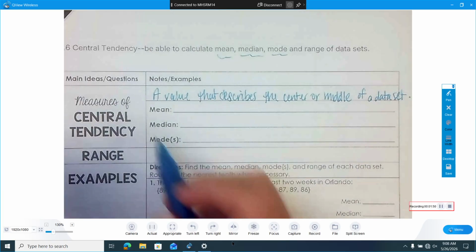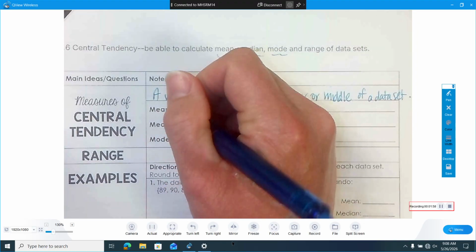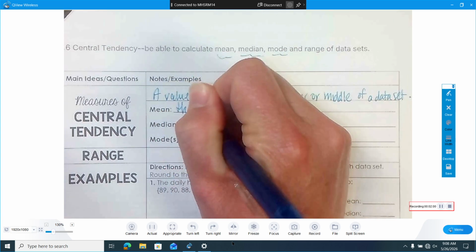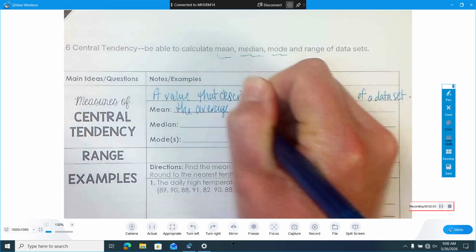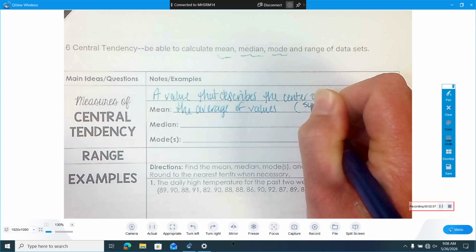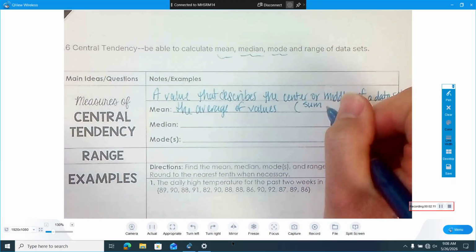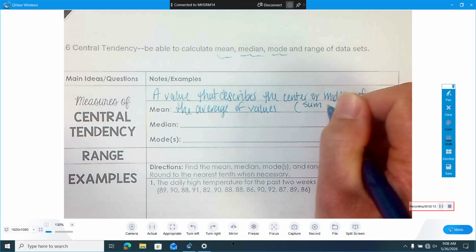So mean, what is the mean? All of them added up and divided. Yeah, it's the average of the values. And what that means is you add them all together, you sum them up, and then divide.